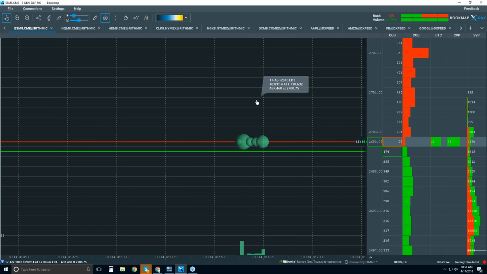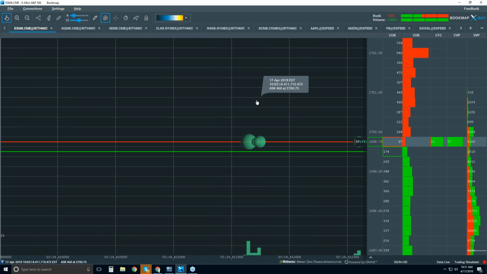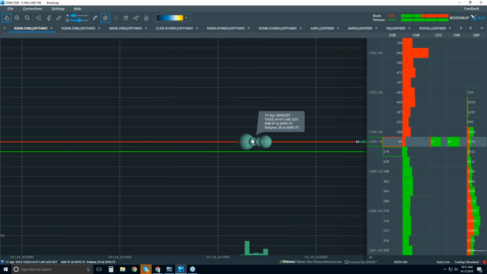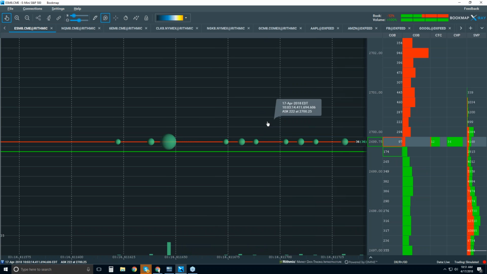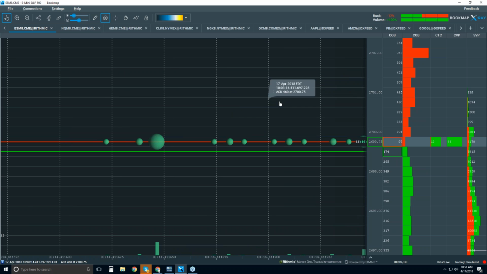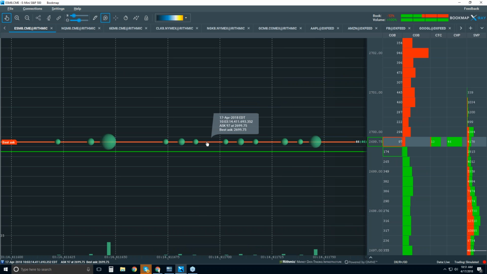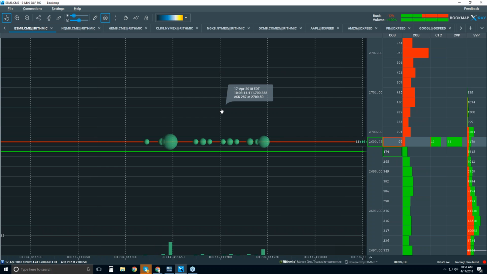Other platforms don't offer that, but we don't trade at these very, very low time frames unless you're trading algorithmically. In fact, that's what Bookmap was developed for, to understand where algos were getting filled. And then we thought this was a pretty good product for retail traders looking at higher time frames.